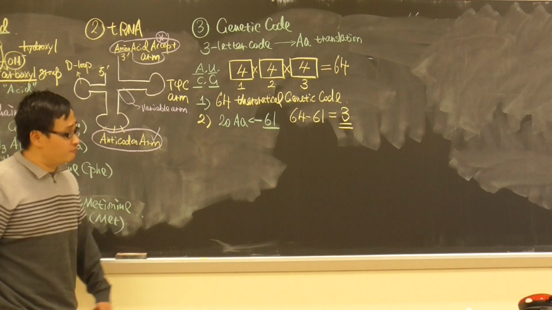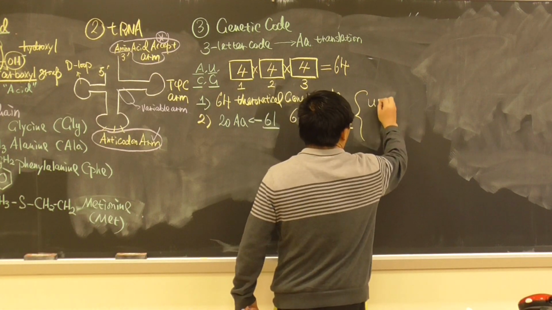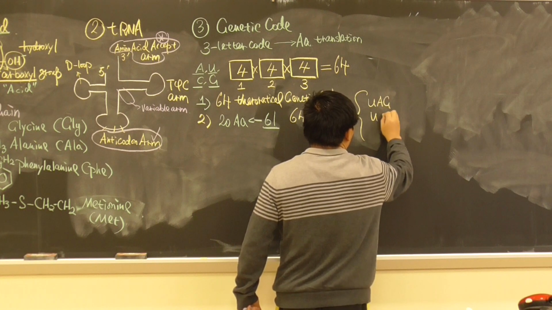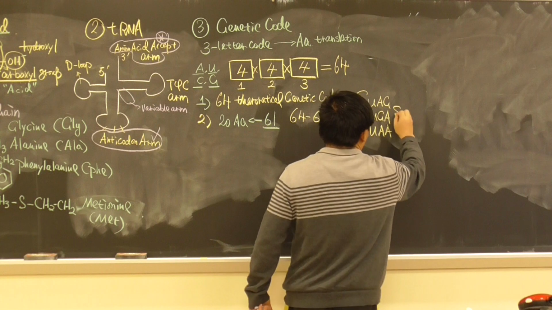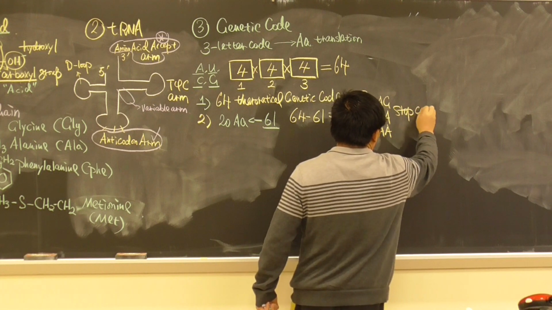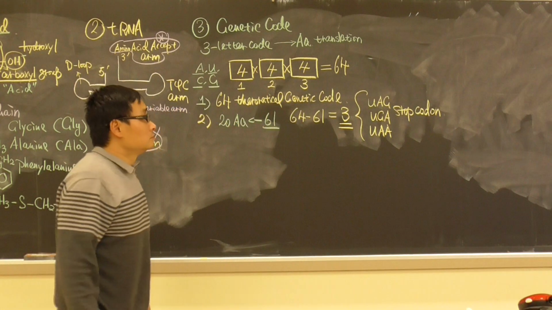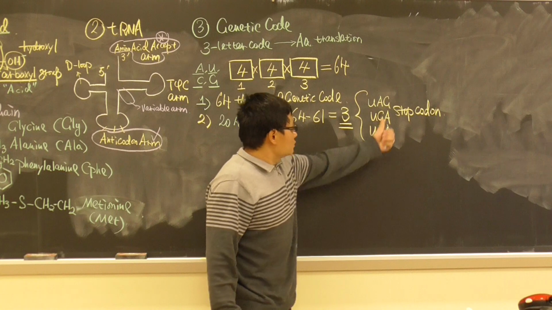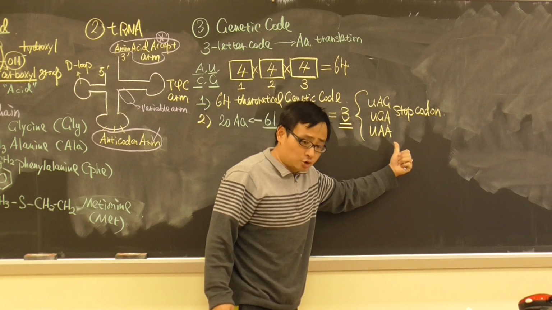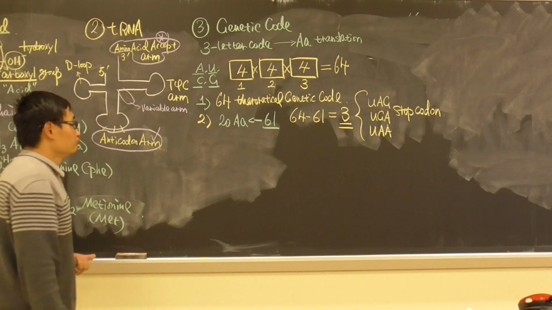These 3 extras are very important. They are UAG, UGA, and UAA. These we call stop codons, because they are the signal to tell you that the translation is going to stop. So those codes are important.